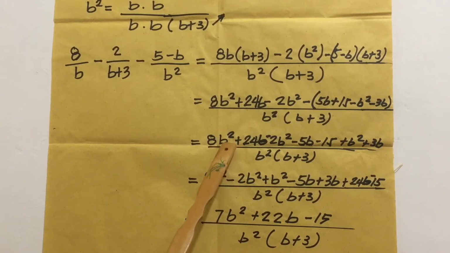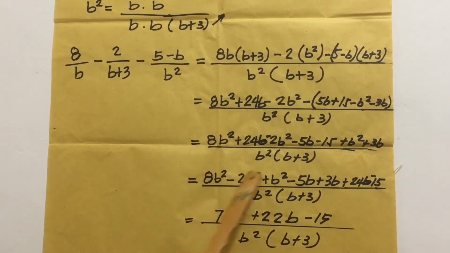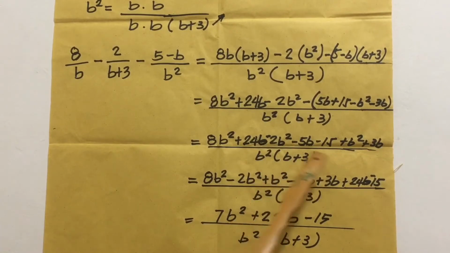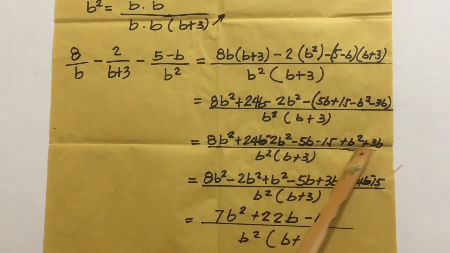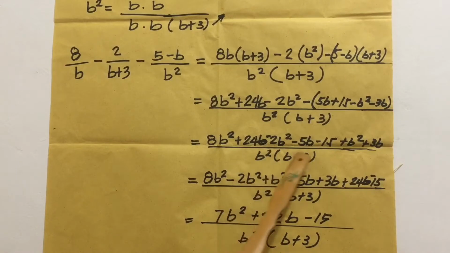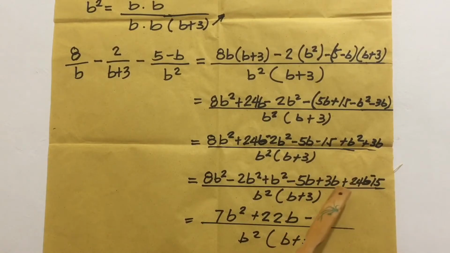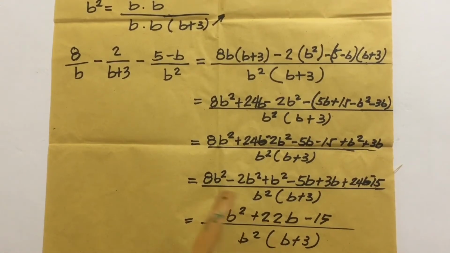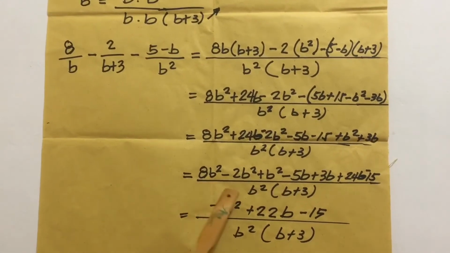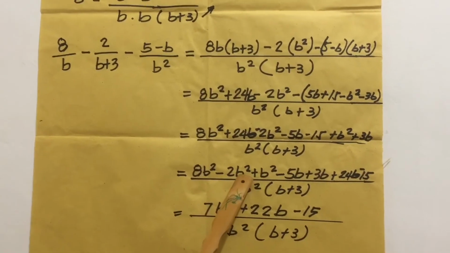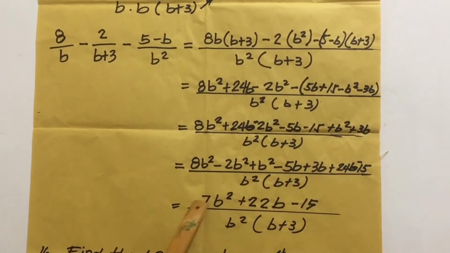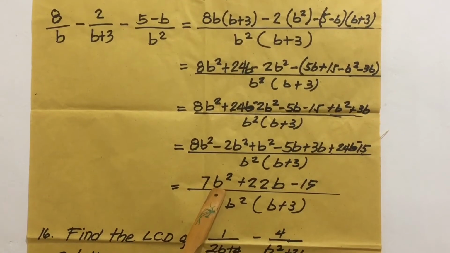We have 8b squared, negative 2b squared, b squared, and we have negative 5b, 3b, 24b, negative 15. You have to just arrange, then after the arrangement, we're going to combine like terms. 8b squared minus 2b squared plus b squared, so we have 7b squared.